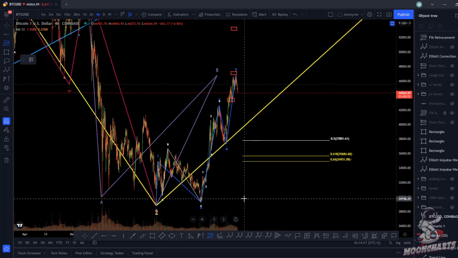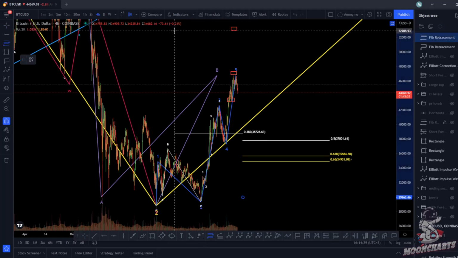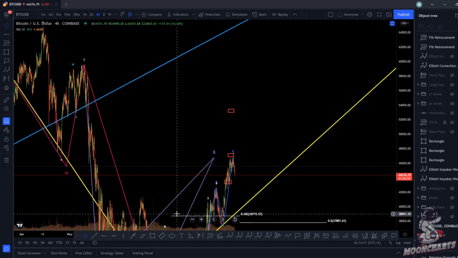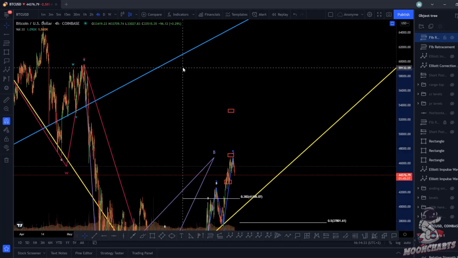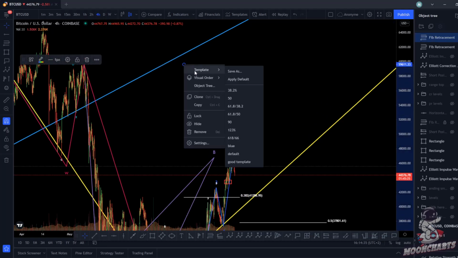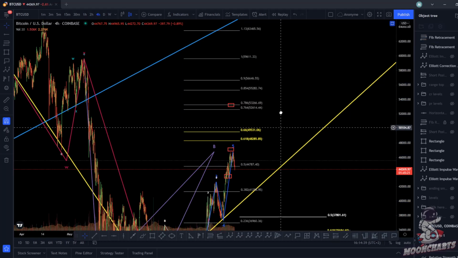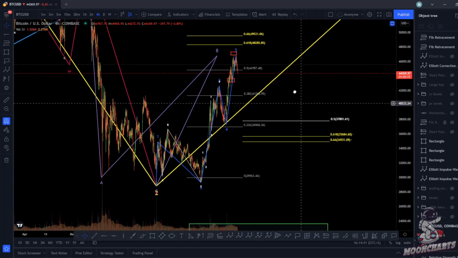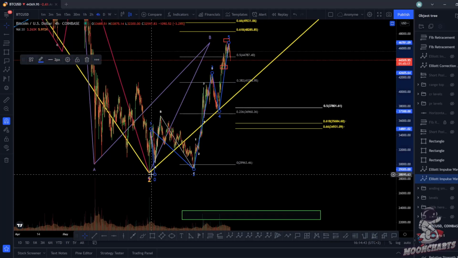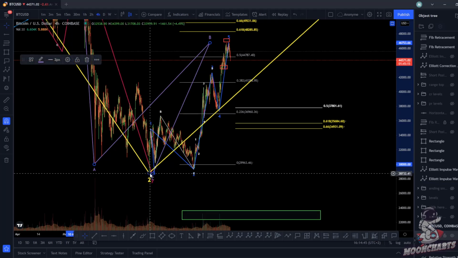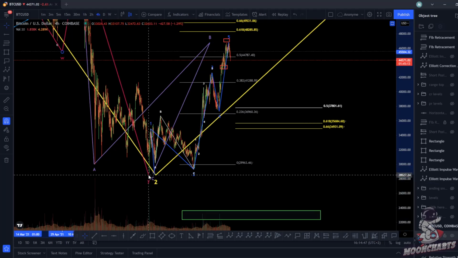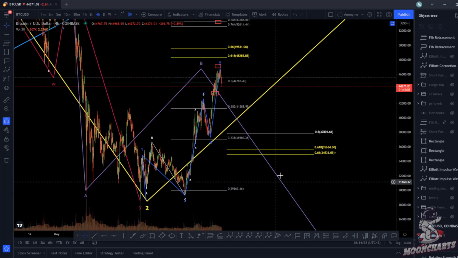That will be the bottom just right there, and that will be the top here, in a zigzag ABC like that. Alright, I'll see if I have to move all the waves here. No, I don't have to move all the waves anyway. Like that. So let's see here.